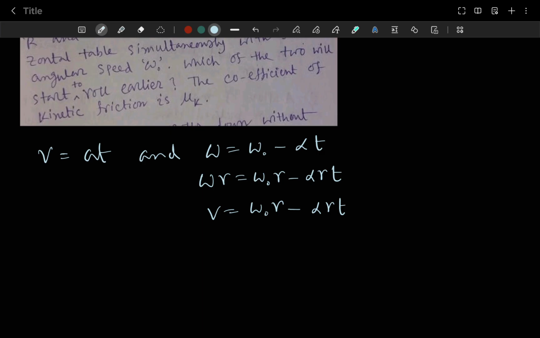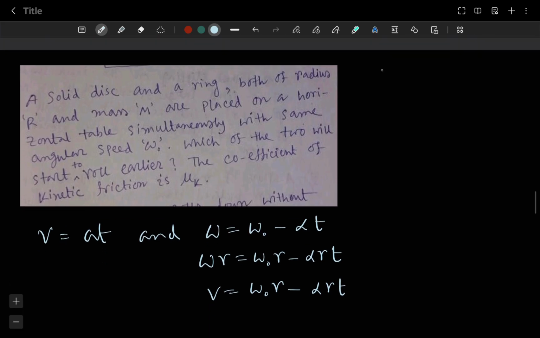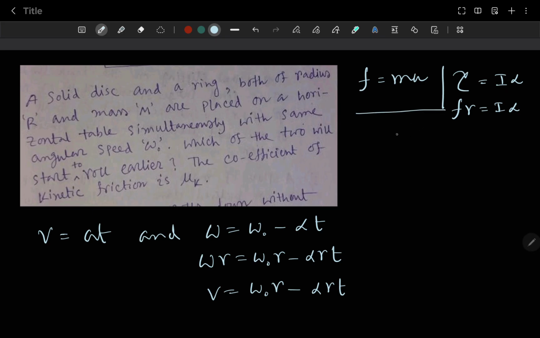Okay, so now you just write this thing. We are doing it in general, mind it. So F equals ma and tau equals I alpha. So here F r equals I alpha. F equals ma, right? So put it here. We'll get m a r equals I alpha.